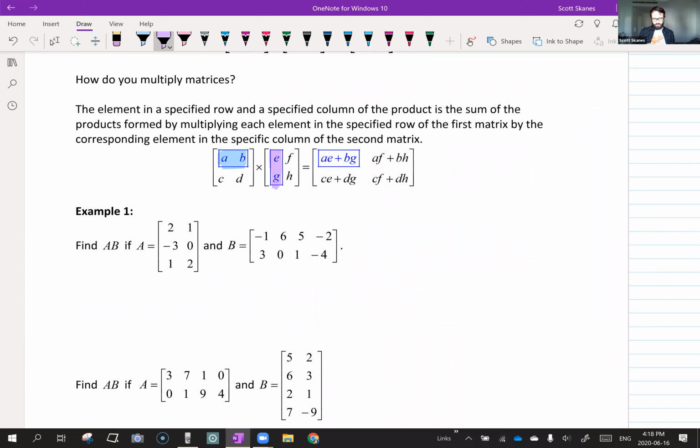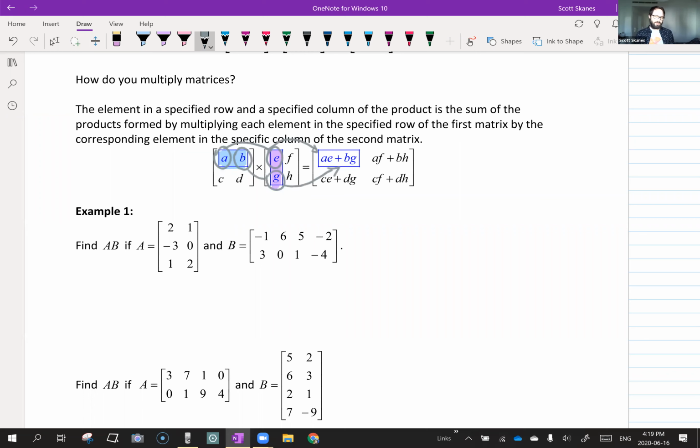You multiply the elements together in a special way. We take the first element in the row of the first one, multiply by the first element in the column of the next one, and that gives us this first value. Then you take the second element in the row and the second element in the column, and that gives you the second one.